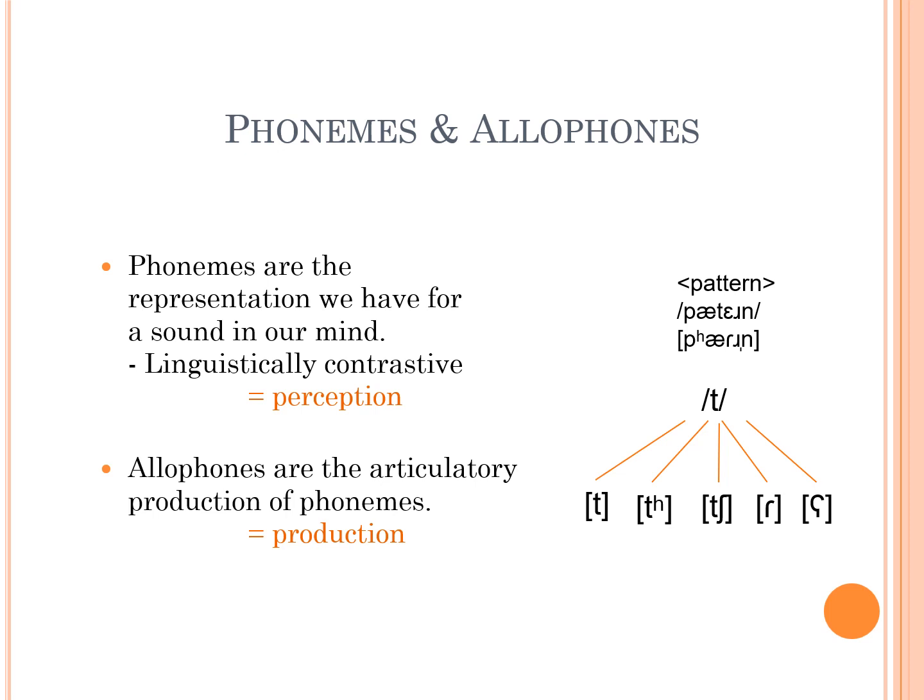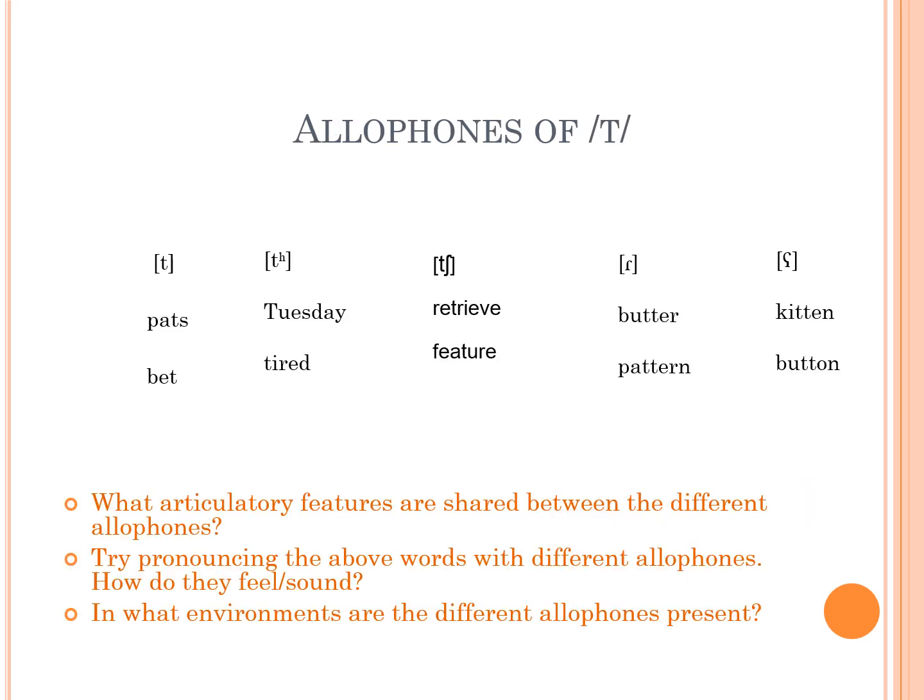So let me come to my next. If we look at the allophones that make up t, okay, pats and bet, that t is just the regular t. Tuesday, tired, those ones you can feel that aspiration that I was talking about. The ch, I usually can't come up with these without looking at something. When do we make that ch sound? Most of us use a ch kind of sound in retrieve or feature.